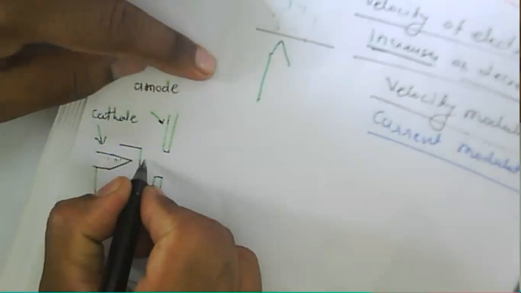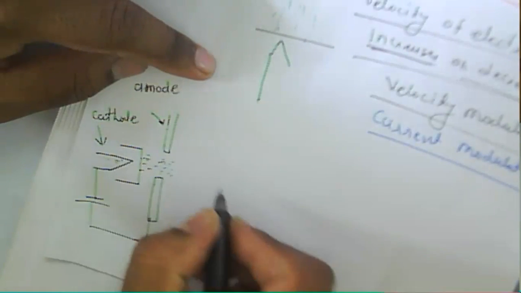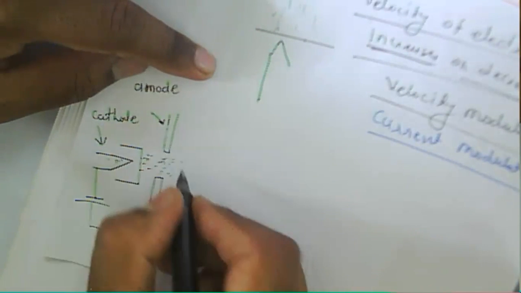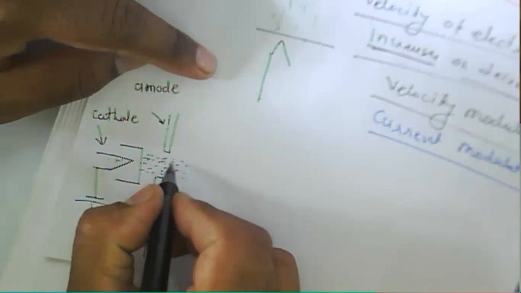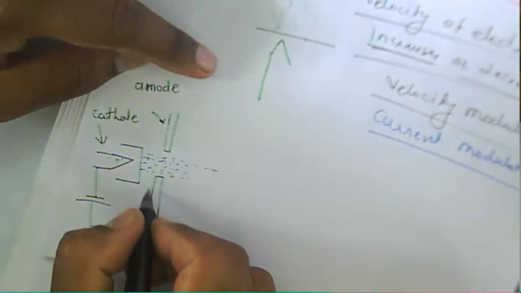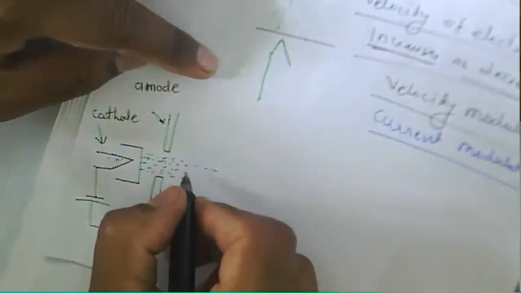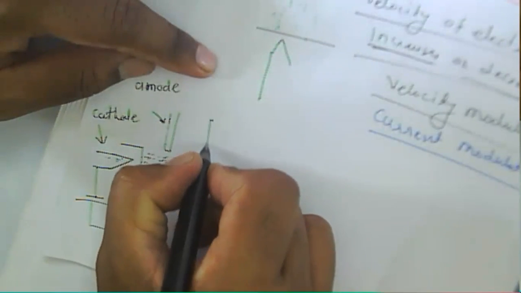Now, electrons are moving from here. The anode is used to focus the electrons in a given direction. Whichever electrons reach that particular portion, they are absorbed here, and then these electrons will propagate in a forward direction.